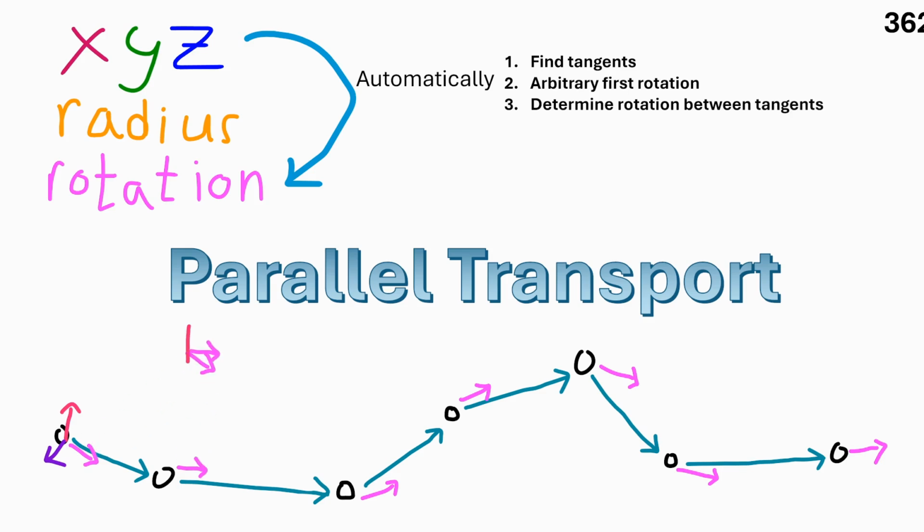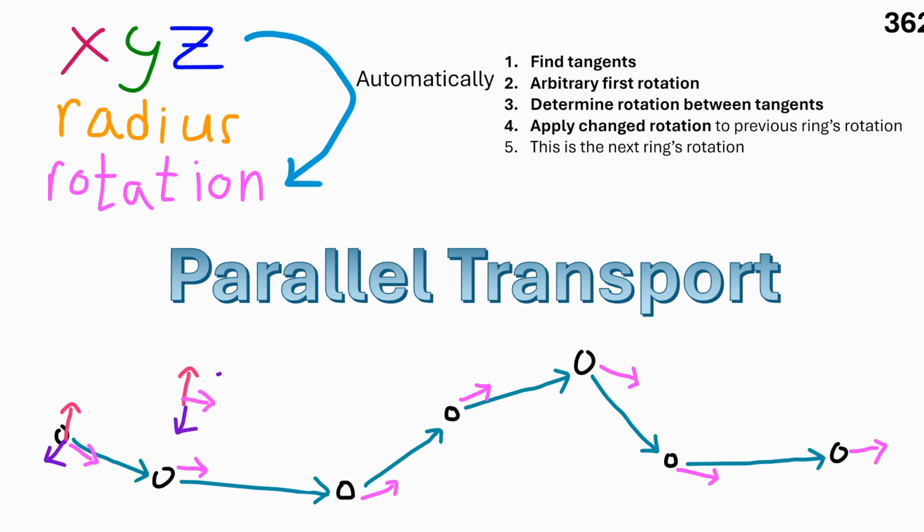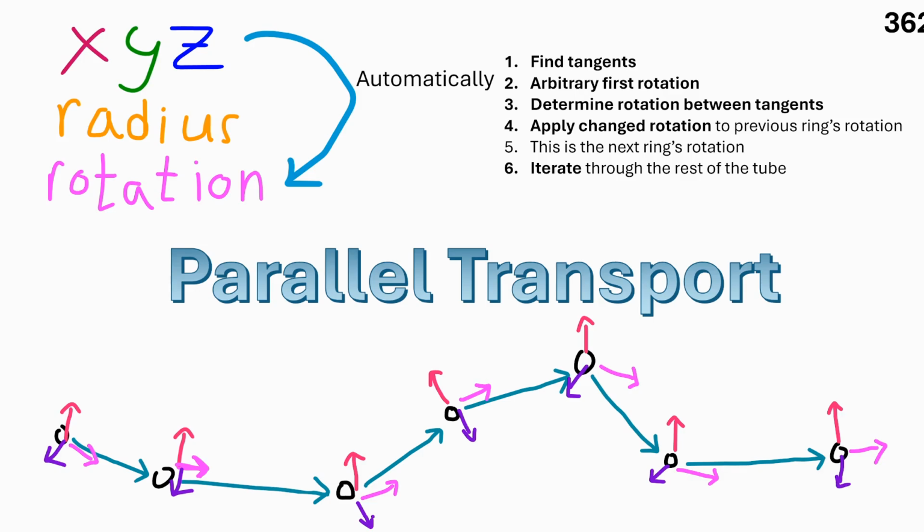And then you need to find a rotation from the first to the second directions. And then you can combine rotations together. So you combine the first arbitrary rotation with the changing rotation, and that gives you the rotation for the second ring. And if you repeat this for the entire process, you are able to get all the rotations.